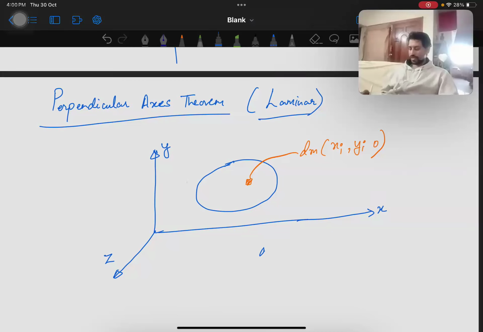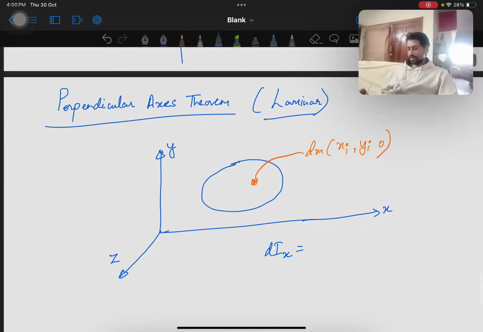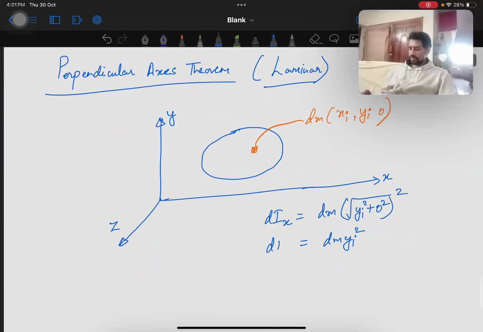We notice that small elemental moment of inertia about the x-axis is nothing but dm multiplied by the square of the distance from the x-axis. From the x-axis, the distance of any point is the sum of the squares of the other two coordinates taken under root. That means yi square plus zi square, which means it is simply dm multiplied by yi square, your dIx.